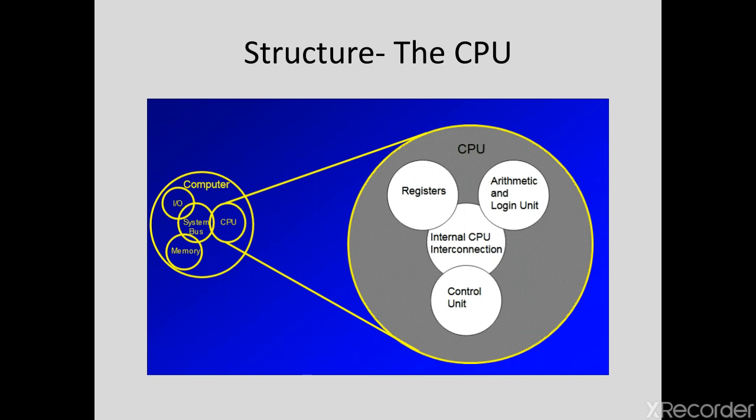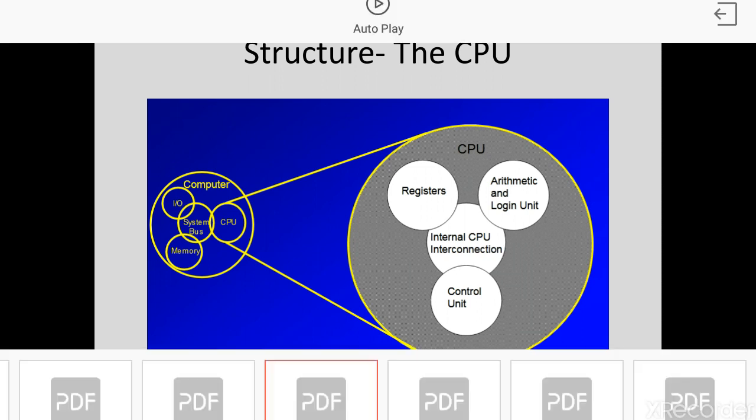So we have registers in the CPU. Then we have the ALU, arithmetic logic unit, which is nothing but a set of combinational circuits, and the final result is stored in the accumulator itself. Then we have a control unit, and they all are interconnected by the CPU interconnection bus architecture.